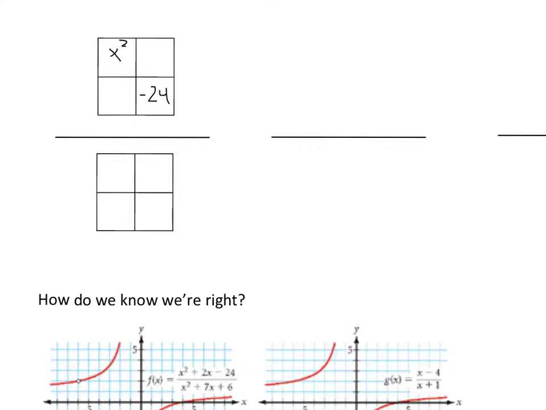So our values need to add up to 2x, but their coefficients have to multiply together to give us negative 24. Okay, so you can test out different factors of 24, but if we think about 6 times negative 4, 6 times negative 4 gives us negative 24, and 6x plus a negative 4x will give us a positive 2x, which is what we need.